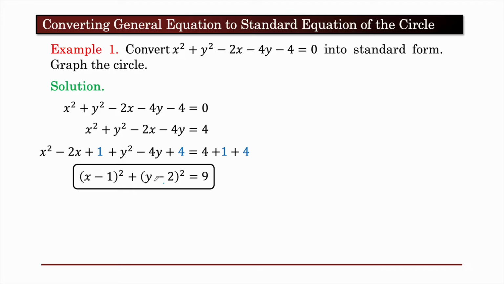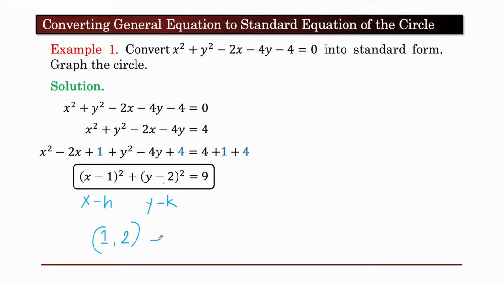As you observe, the last equation is now in standard form. This is your x minus h and then y minus k. So the center here is at 1, positive 2.